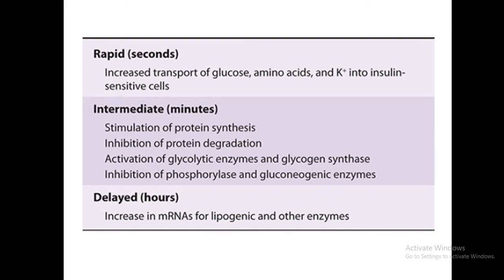The rapid action results in increased transport of glucose, amino acids, and potassium into insulin sensitive cells. The intermediate action results in stimulation of protein synthesis, inhibition of protein degradation, activation of glycolytic enzymes and glycogen synthase, and inhibition of phosphorylase and gluconeogenesis. The delayed action is increase in mRNAs for lipogenesis and other enzymes.